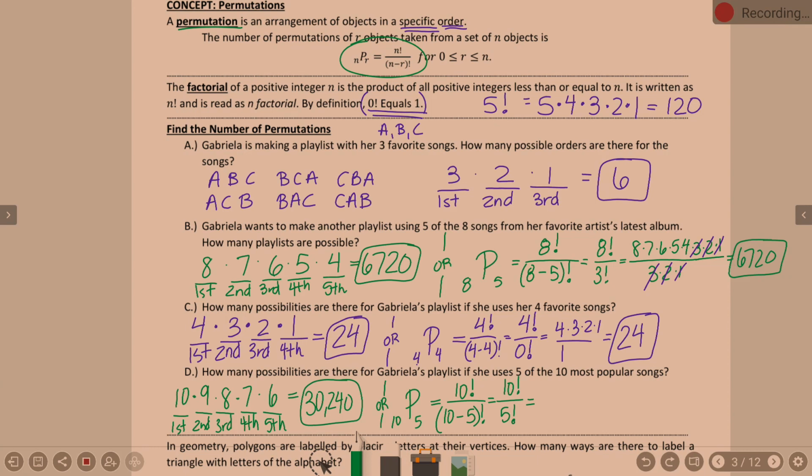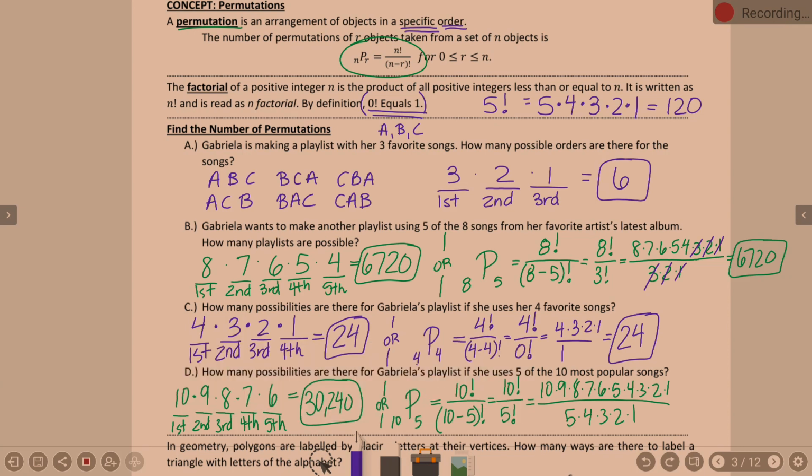On top, what would 10 factorial mean? 10, 9, 8, 7, 6, 5, 4, 3, 2, 1. What does 5 factorial mean? 5, 4, 3, 2, 1. What are we finding here?